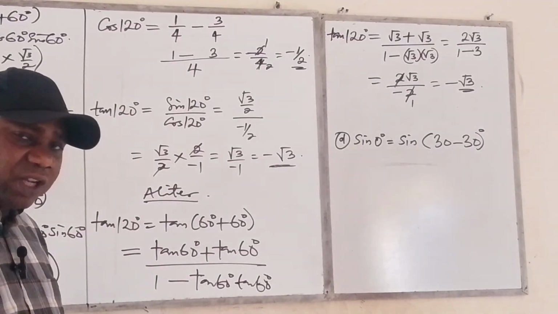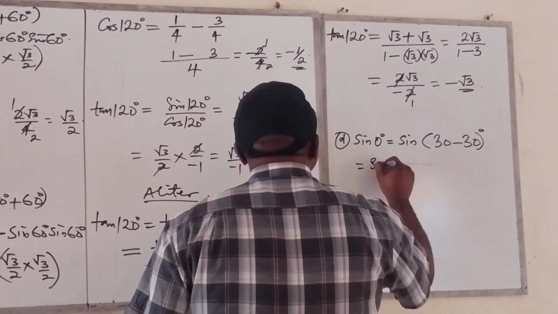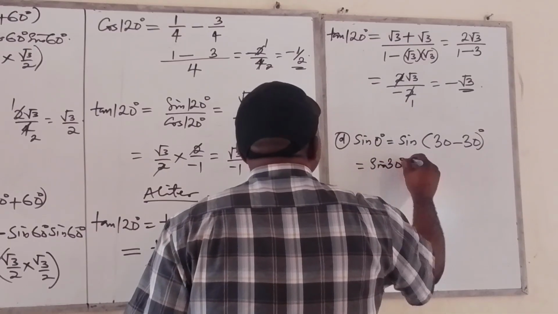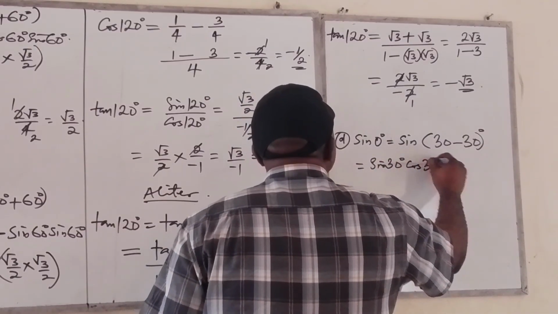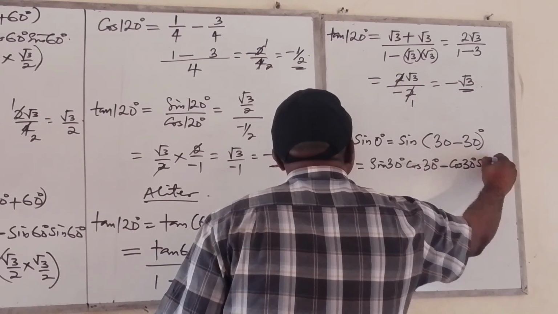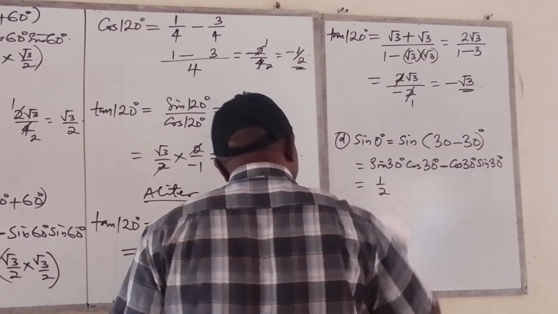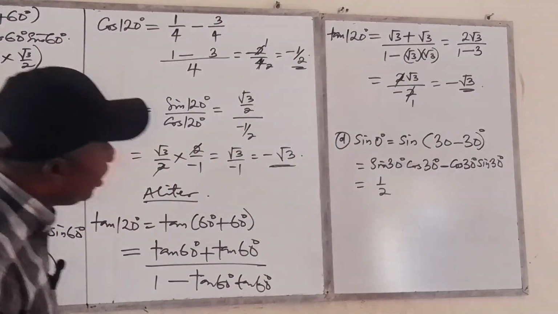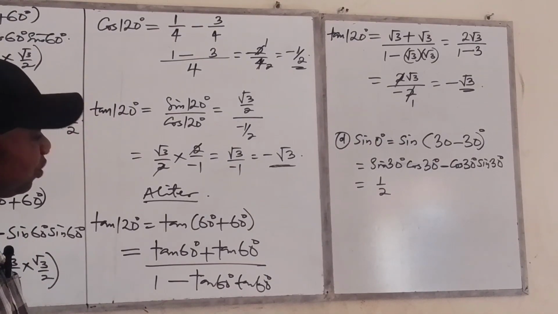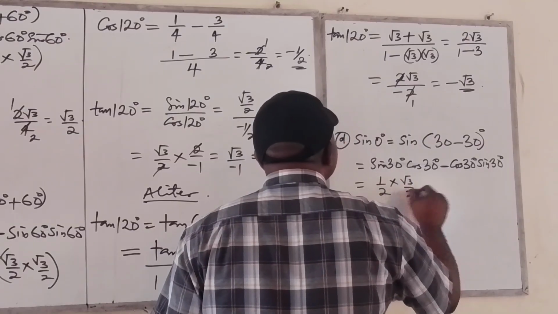That's special angles. So in this case, this will be sine 30 degrees cos 30 degrees minus cos 30 degrees sine 30 degrees. I remember our sine 30 is 1 all over 2. If you check the special angles, you see it there. And cos 30 is root 3 all over 2.